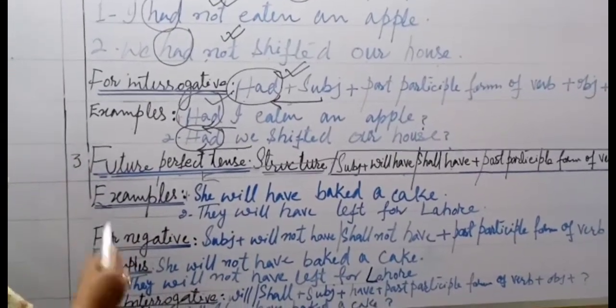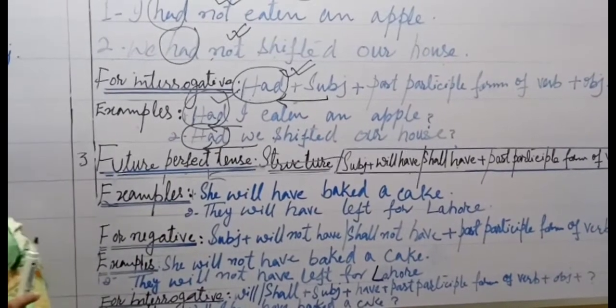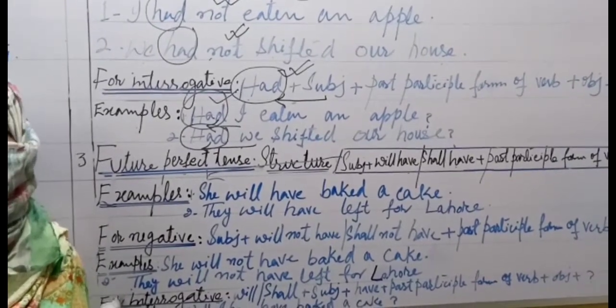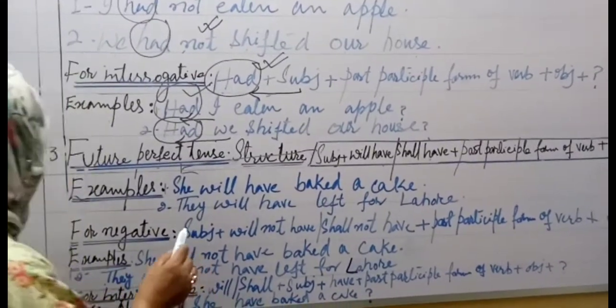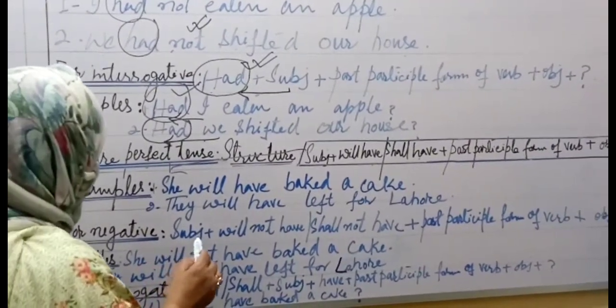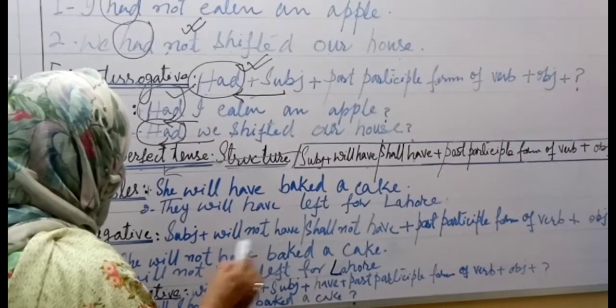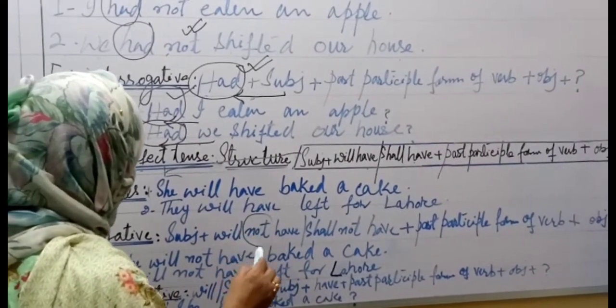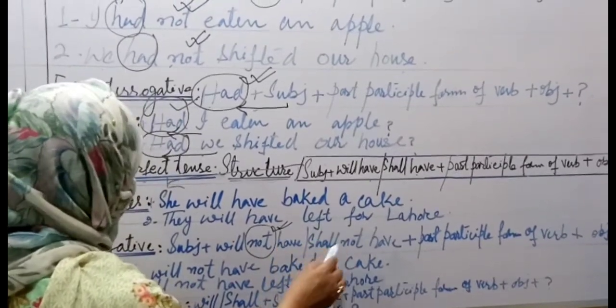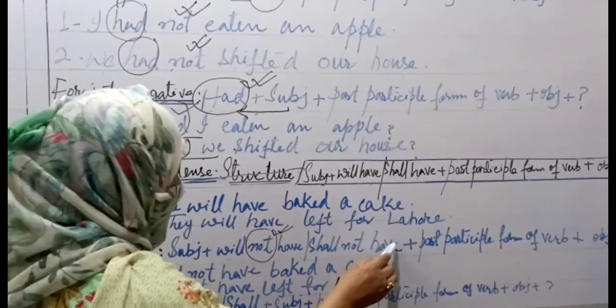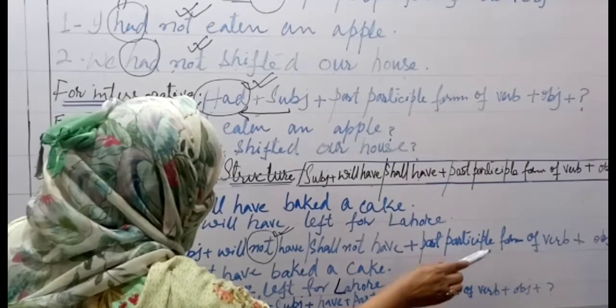So let's move towards how you will convert these sentences into negative. First of all, look at the structure. First we will write the subject, then in between "will" and "have" we will put "not". Then "have", then the past participle form of the verb and the object.